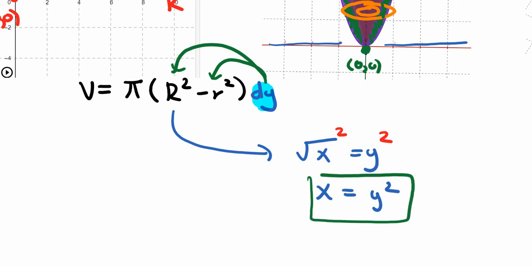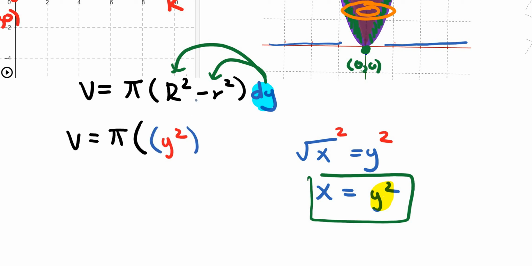So this part right here, y to the power 2, is the part that I'm going to insert for the big R. Let me erase this and set up my next line. So volume equals pi bracket. My big R is now going to be y squared, raised to the power of 2, then minus my little r.